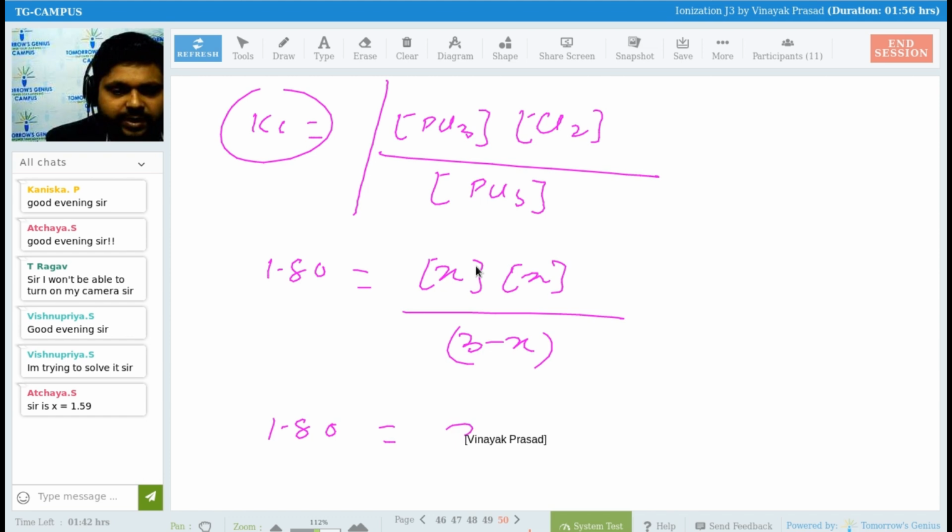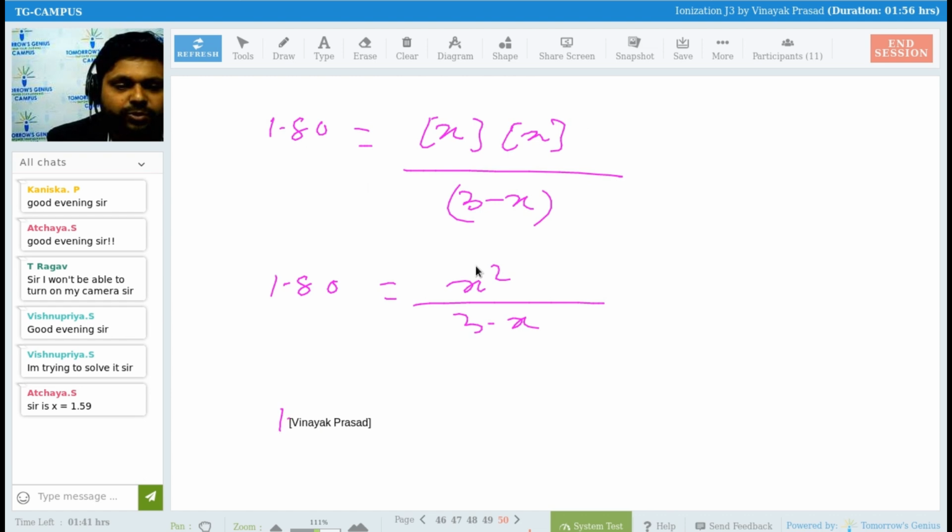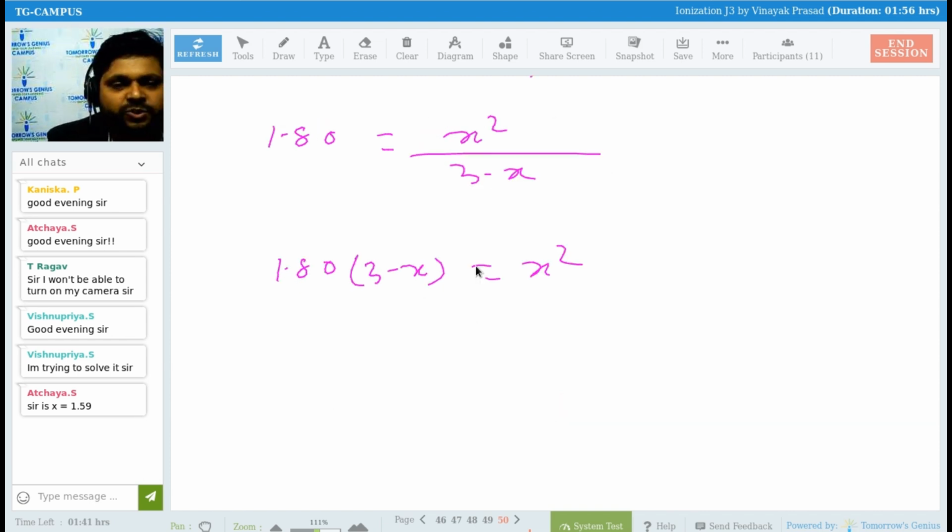So 1.80 equals to x square upon 3 minus x, right? So now you can multiply this 1.80 into 3 minus x, equals to x square. Guys, we can convert it into a quadratic equation and make it equal to 0. So 1.80 into 3 will be equals to 5.4.